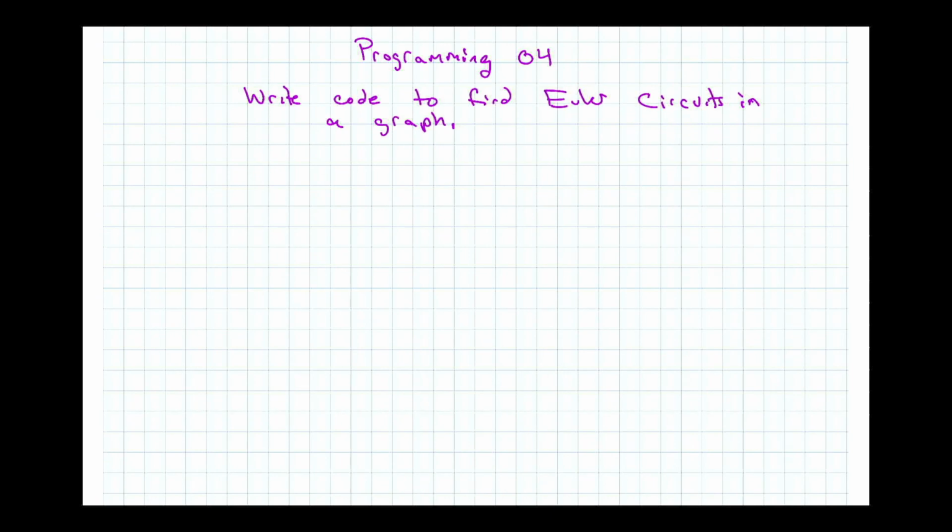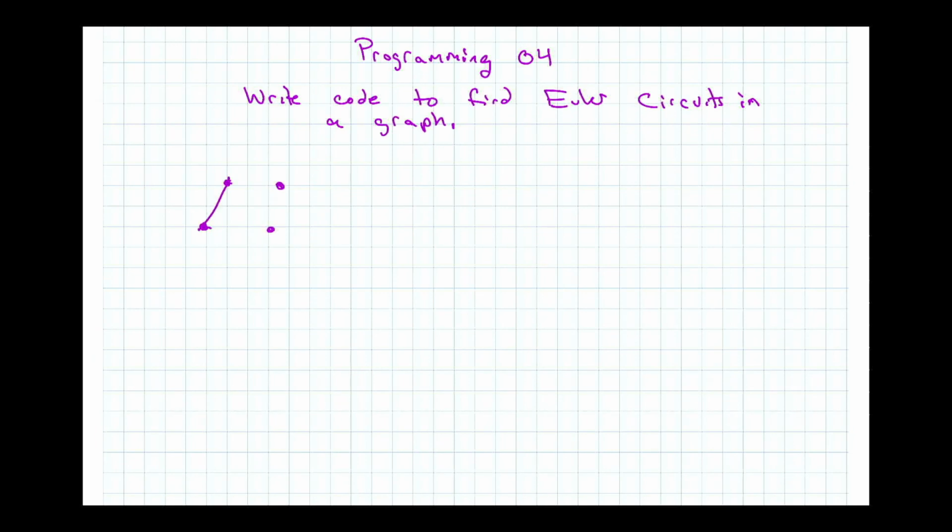Let me see. Well, no, it can't. That could have an Euler path, but not an Euler circuit. So I don't want that one. I need one where every vertex has even degree.